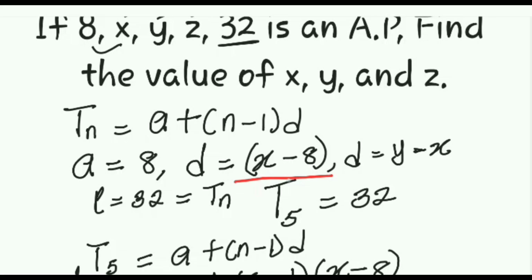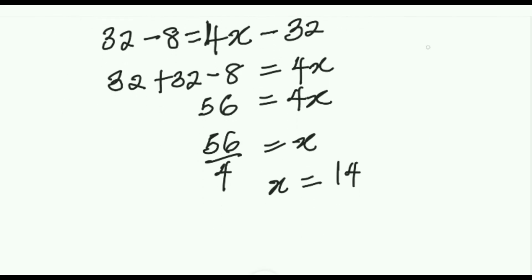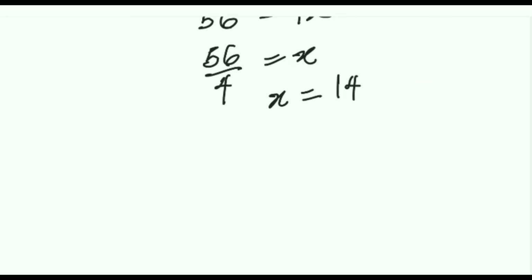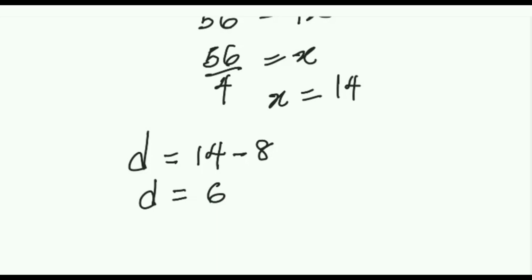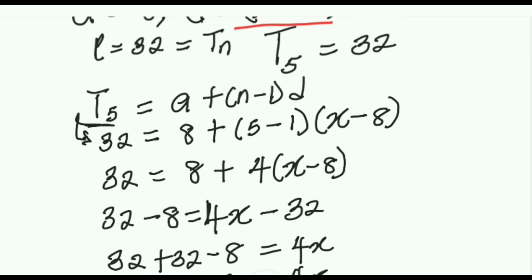That's 14 minus 8, and that's going to be 6. So we actually need that common difference in order for us to do all other things. So we have the common difference d at 6. We can use this information to find all the other values.